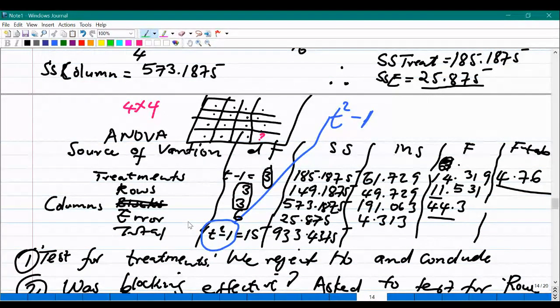I just explained that when you have a missing observation, the degrees of freedom change to t squared minus 2, which is 14. The degrees of freedom of treatment is still 3. What is the degrees of freedom of error now?